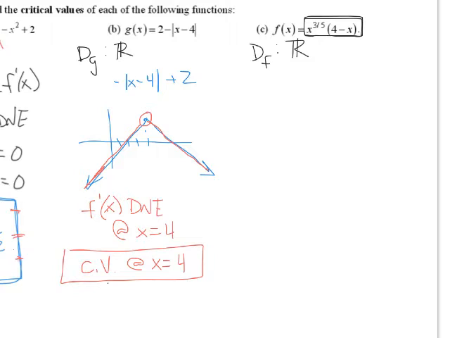And if we go about taking the derivative of f, what we want to do is use the product rule. So the derivative of the first times the second plus the first times the derivative of the second.